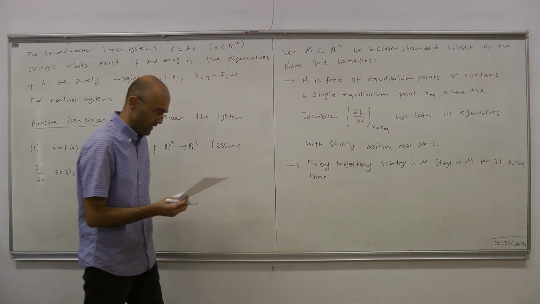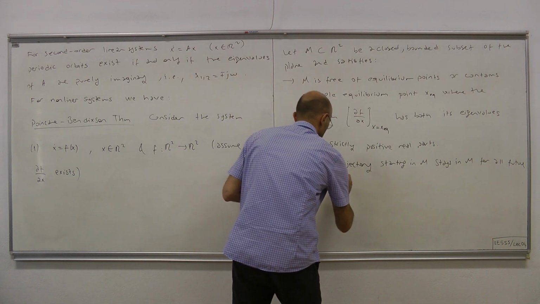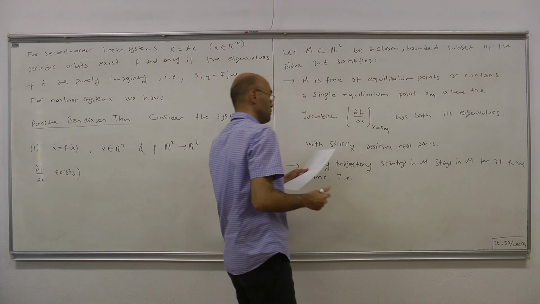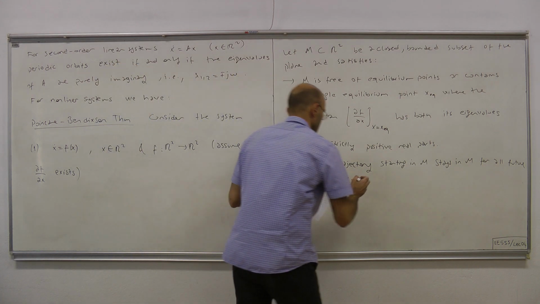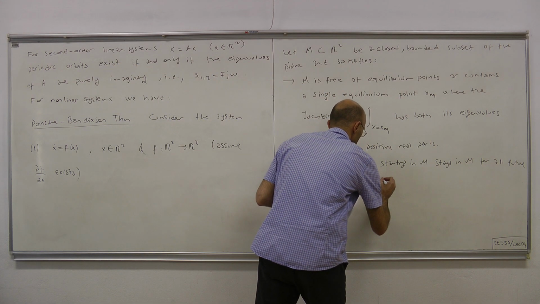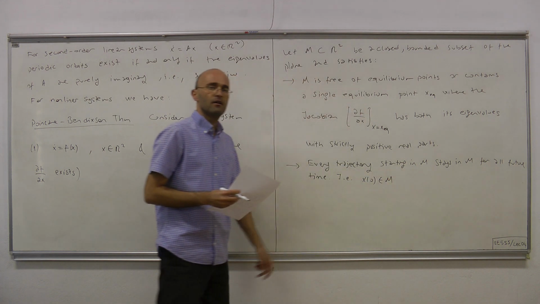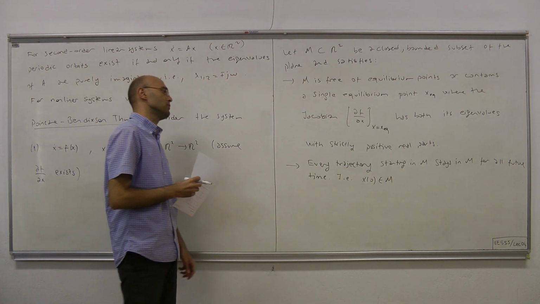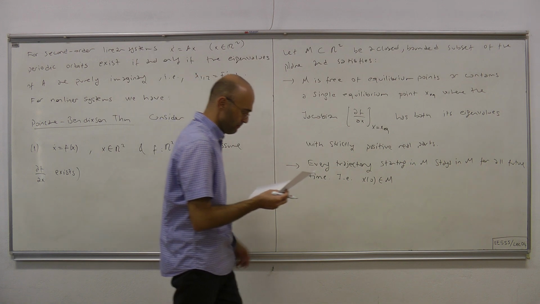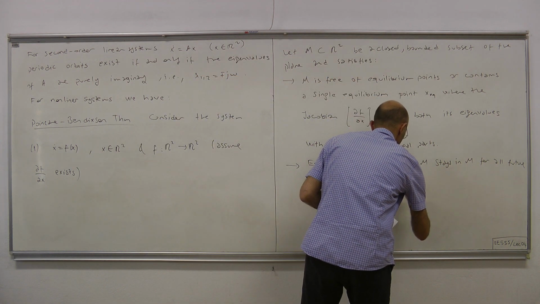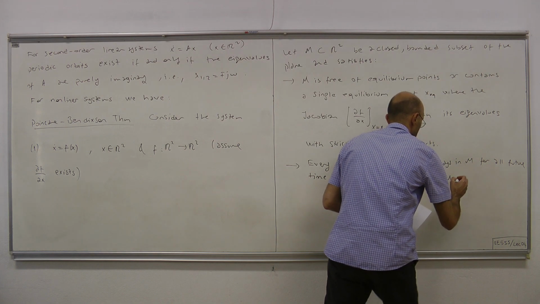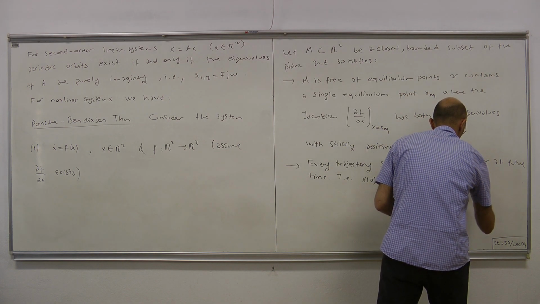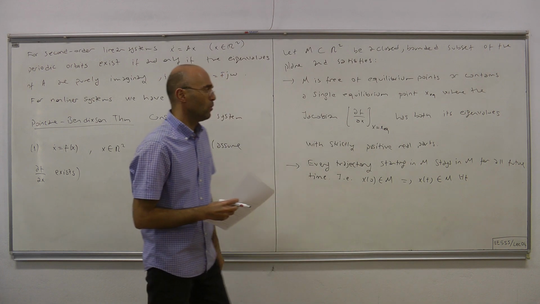Okay, so that means, let's re-express that sentence. That means if you choose the initial condition belonging to that subset N, automatically you have x of t belongs to N for all future time, for all t.